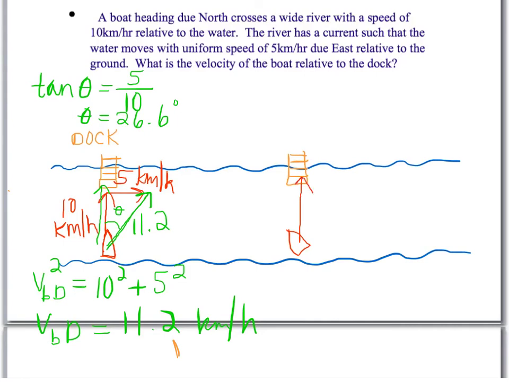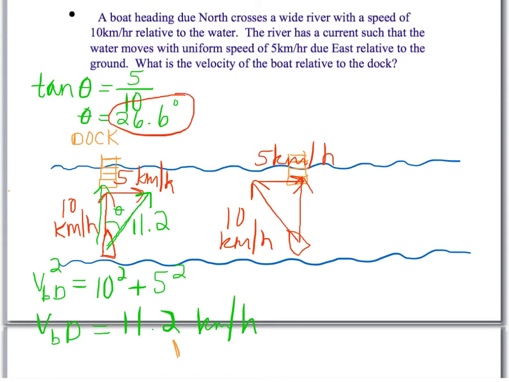In this case, we want the boat to actually end up moving directly across the river to the dock. We still have that current of 5 kilometers per hour, so we need to keep that in mind. And we know that the boat is able to move at 10 kilometers per hour. Now, if you were asked what direction the boat might need to head in order to actually get directly across the river, you might initially think that it's going to be the same angle that we found over here in this other problem.